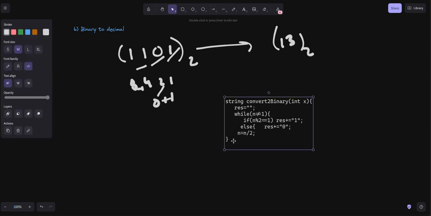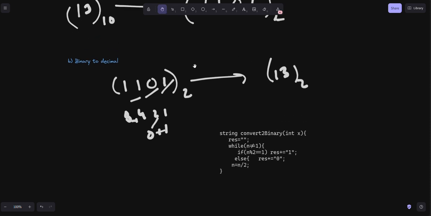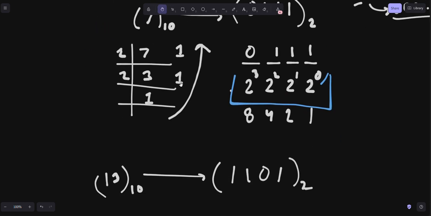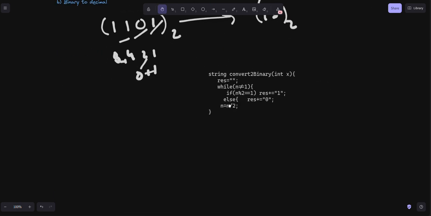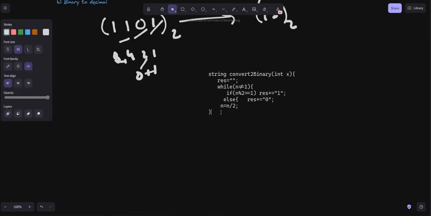So you will get the result. Basically, you are dividing it, and you have to return the result in reverse form. After that, you will get some result and you need to reverse it as well. You can make one reverse function. It's not that complex, and then just return res.